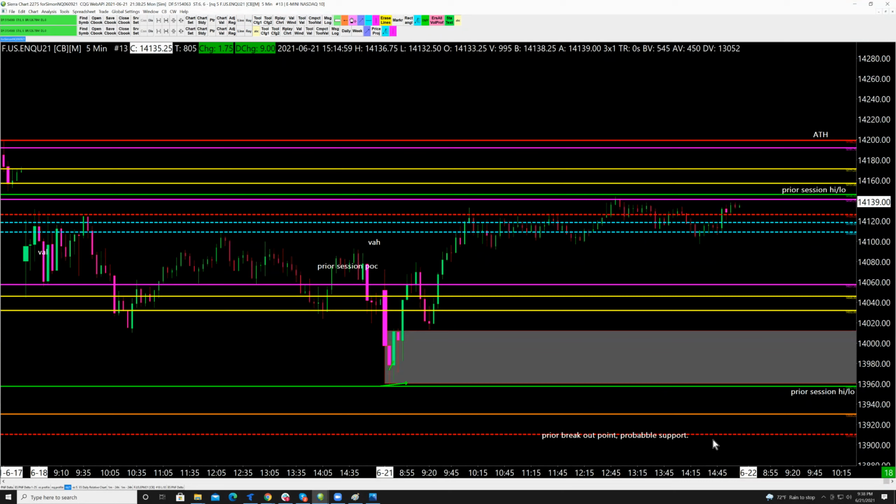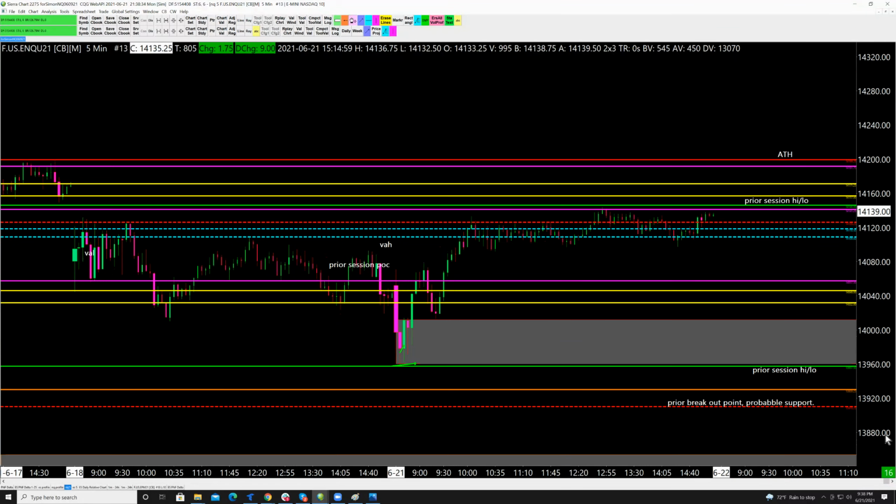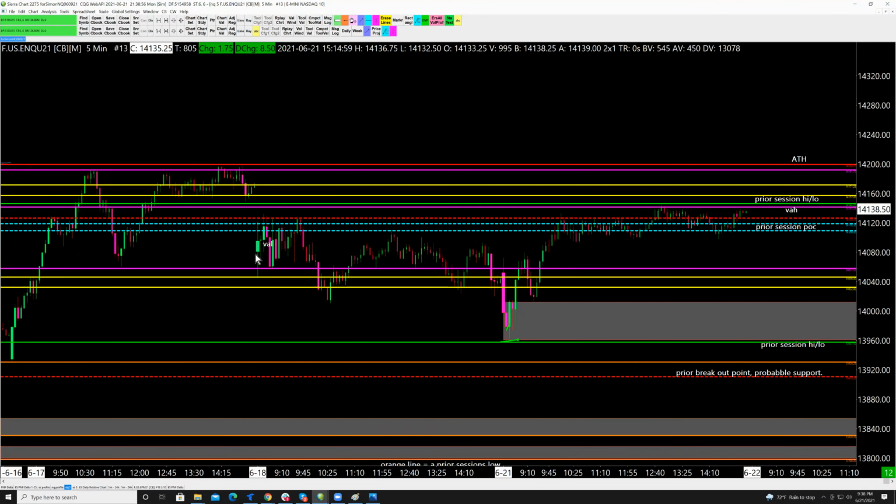Prior breakout point, probable support. Single prints. Let's see, prior session point of control, value area high. Value area low, I don't know where that went. Floating around here somewhere, there it is.